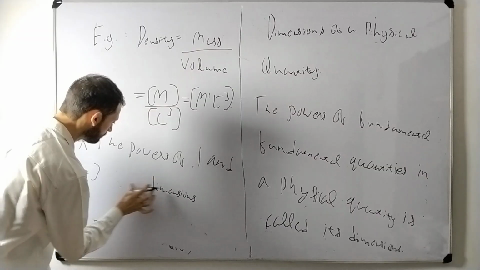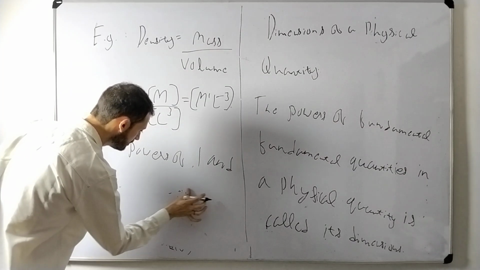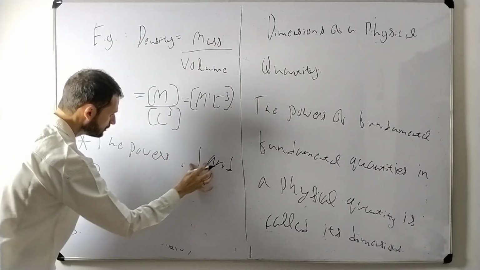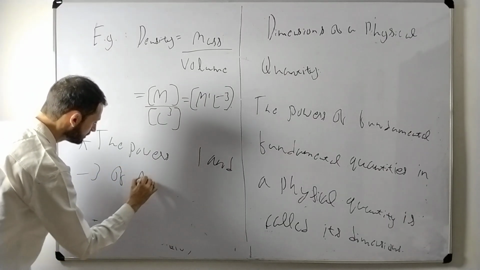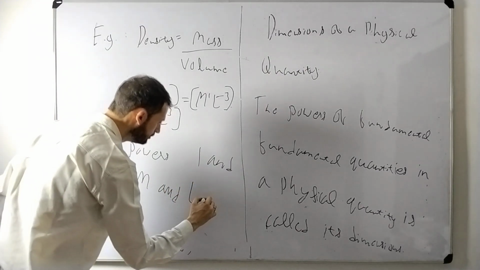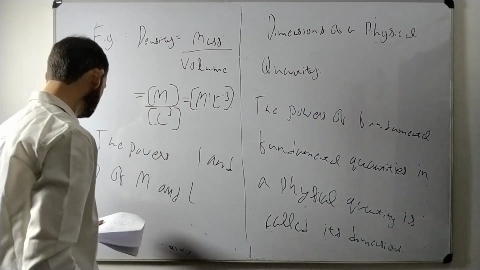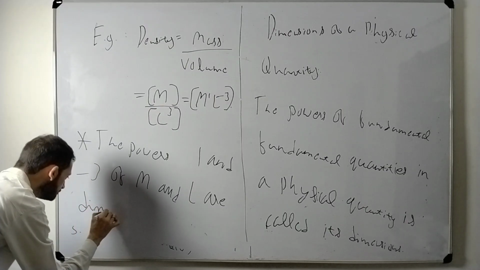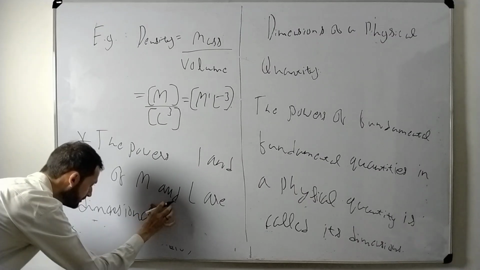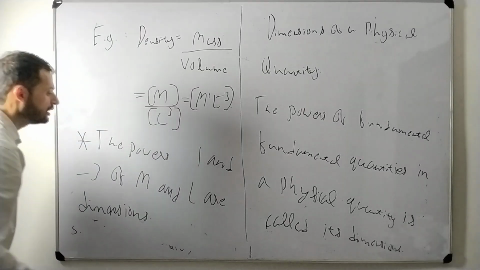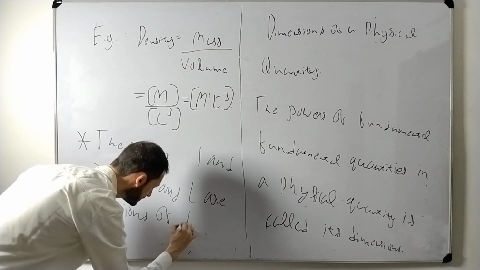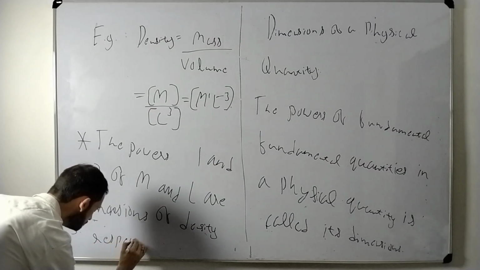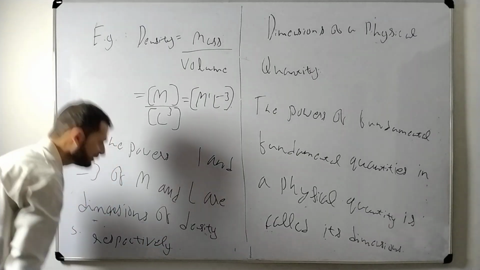The powers 1 and minus 3 of M and L in density are the dimensions of density respectively. Yes, thank you.